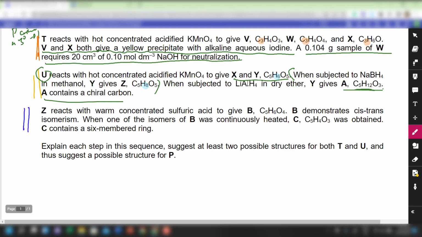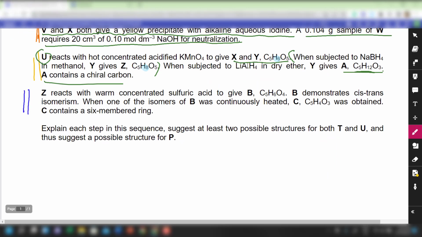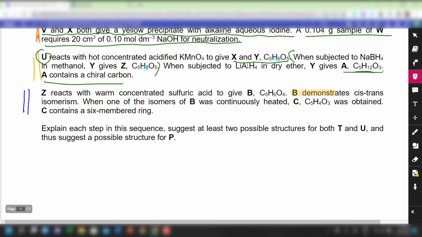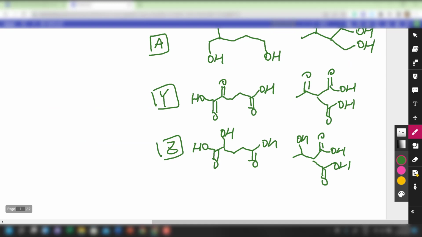Now the differentiating part is in the next line, which is extremely important. If you miss that out, then you're going to get the whole question wrong. B demonstrates cis-trans isomerism after it is dehydrated by concentrated sulfuric acid. So let us try over here.